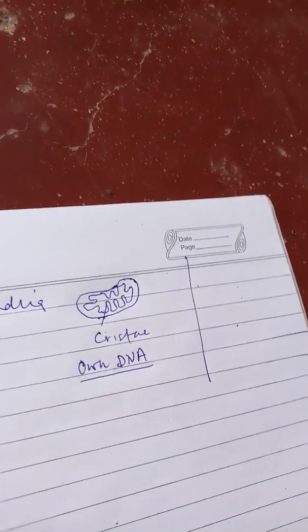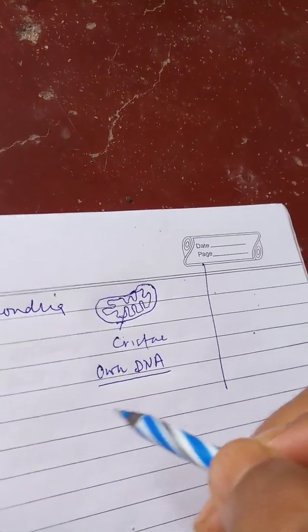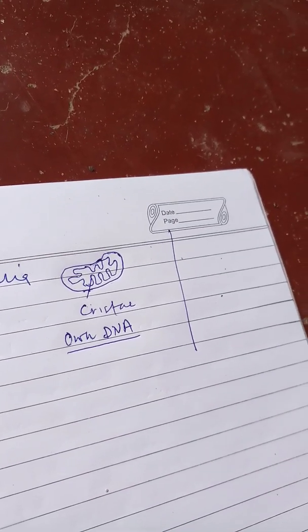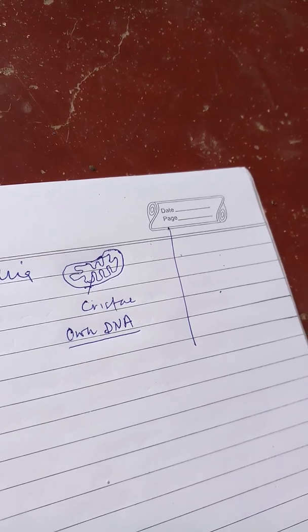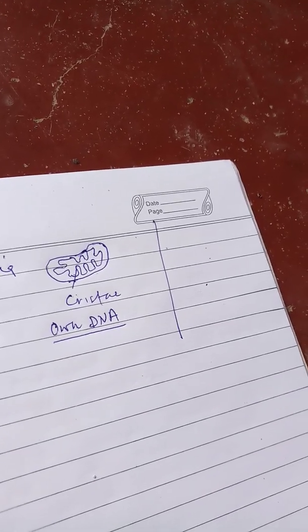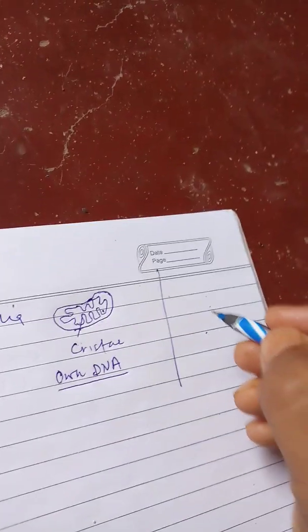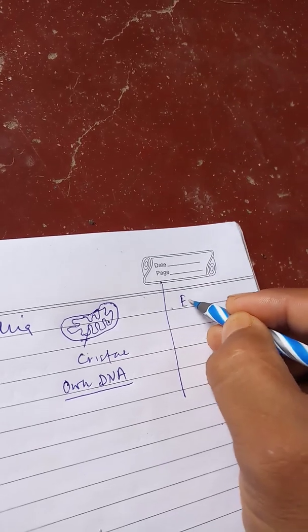Now about the key function: release of energy from pyruvic acid. We have discussed that mitochondria are the site of respiration. So when pyruvic acid is formed as a result of glycolysis, this pyruvic acid enters the mitochondria and thus releases energy.